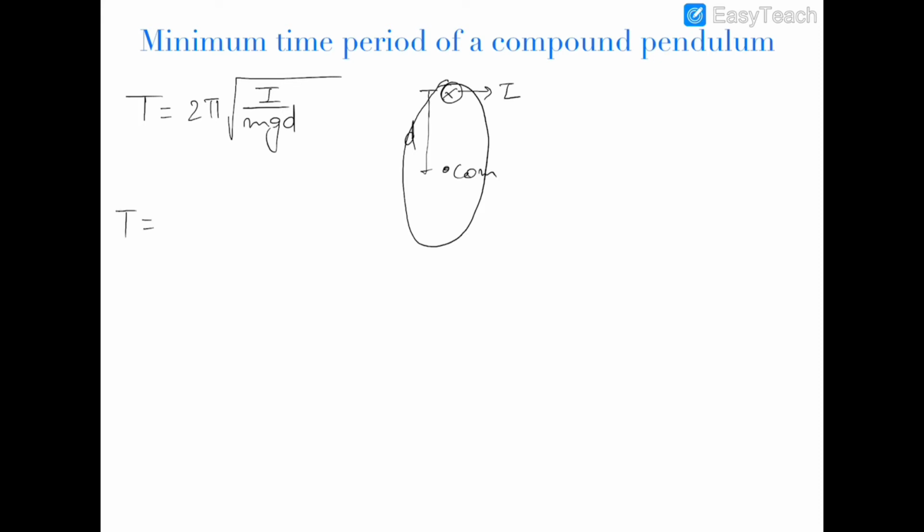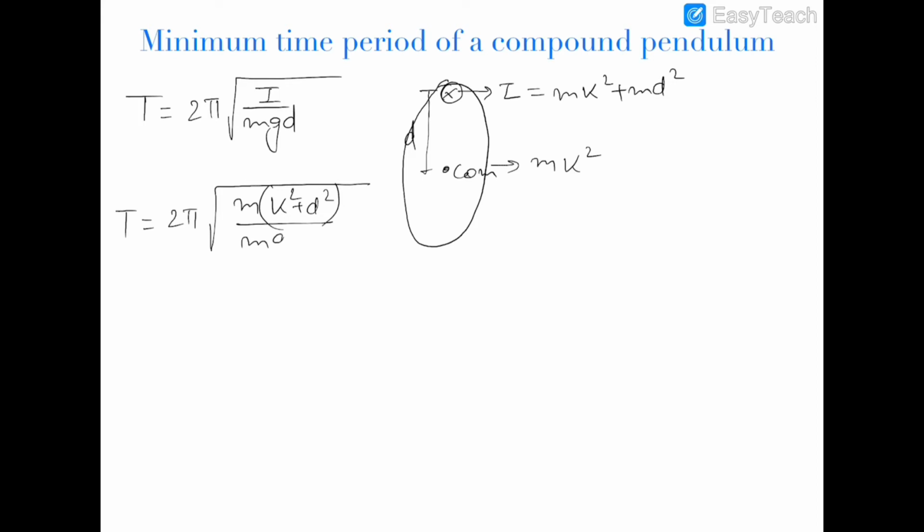Now we know that about the center of mass, the moment of inertia of the body is mk square, and about this hinge it would be mk square plus md square. So I will be equal to m(k square plus d square), divided by mgd. So T will be equal to 2 pi under root of k square plus d square upon gd.